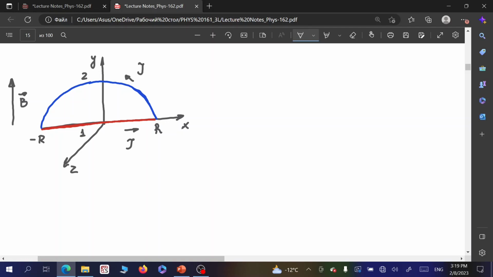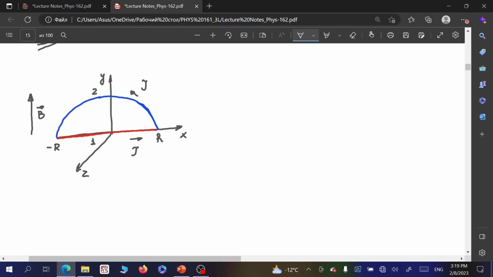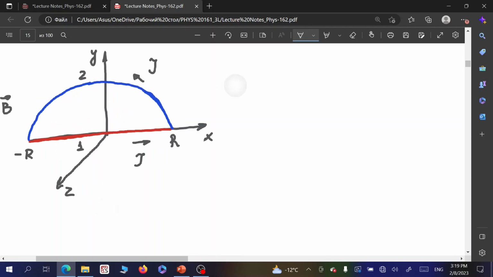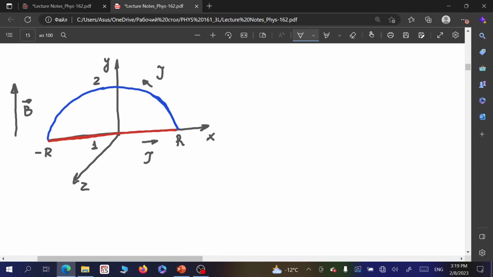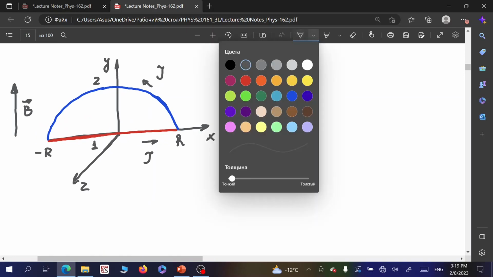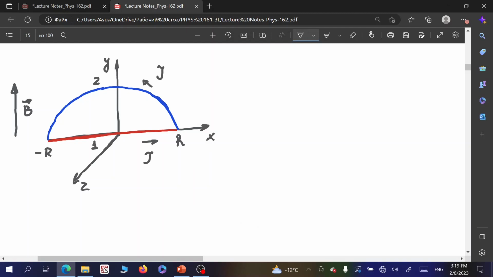In this case, it will be aligned along axis z. We can write here FB1.